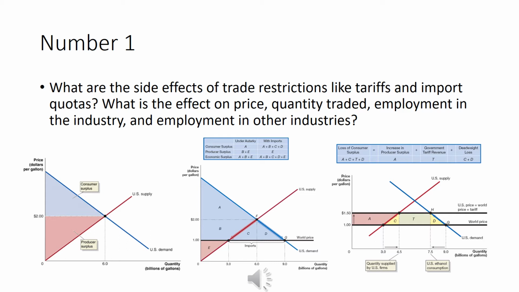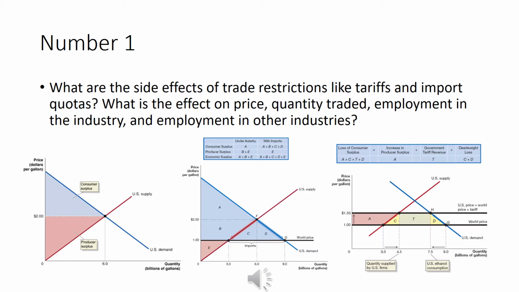Now at this new price, we're going to do the same thing to figure out the quantity being sold. So the quantity being supplied by U.S. firms is going to be where this $1.50, this new higher price, crosses the U.S. supply curve. In this case, it'll increase from 3 billion gallons to 4.5 billion gallons. So now we have more U.S. firms being willing and able to supply this good at the new higher prices they're able to get from consumers.